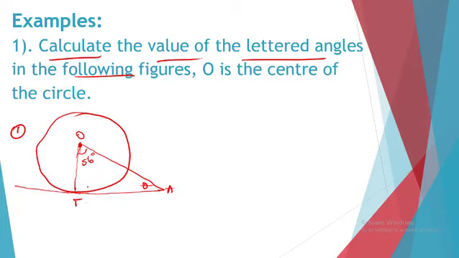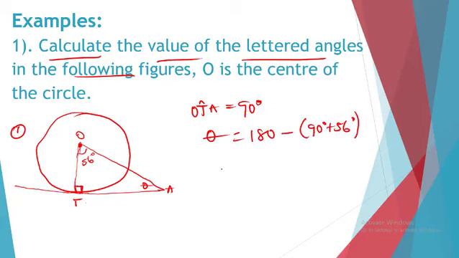Looking at this triangle, you agree with me that here at this point is angle 90. So we say that OTA is equal to 90 degrees. True or false? This is a right angle triangle, so here is angle 90. Now the angle at A, which will give us theta, is equal to 180 minus 90 plus 56.